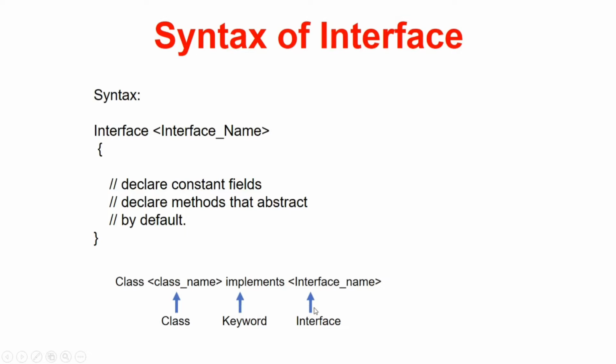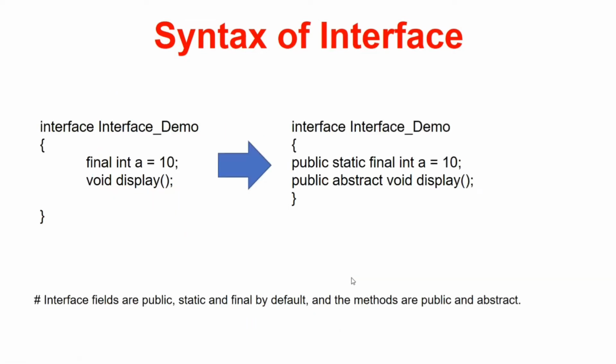So this is how an interface can be implemented. An interface can be implemented using a class. Here we have a class name, and this class is going to implement this interface. Now let's see how an interface is identified by the interpreter in Java. Here I have an interface, interface underscore demo. It consists of a variable a.